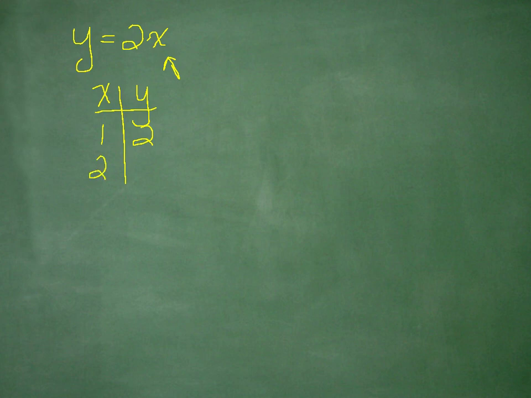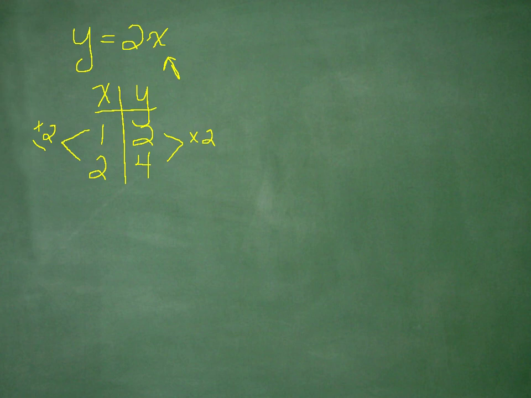If I plug in x into my equation, I have y equals 2 times 2, which gives me 4. Now we want to look at the relationship between the x's and the y's. If I'm looking at the x column, I see that if I want to go from 1 to 2, this is multiplying by 2. Now what you'll notice is the exact same thing happens in the y column. To get from 2 to 4, you multiply by 2.